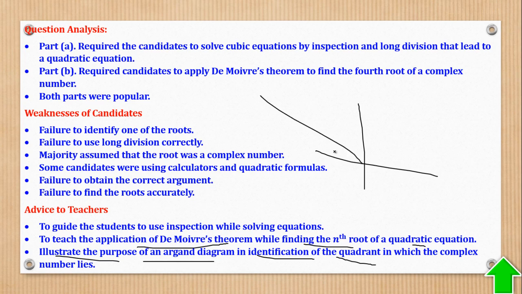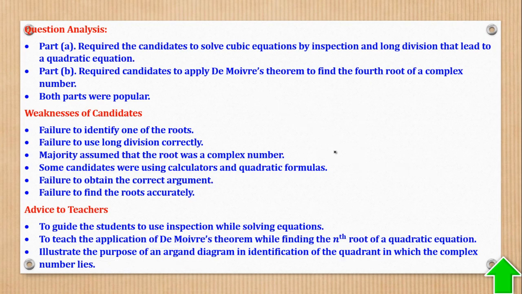To know the exact quadrant, because in most trigonometric functions we write 2 angles, but here it is not okay. We need only one angle, which is called the argument, and you can get the correct angle by identifying the exact quadrant where the complex number lies.